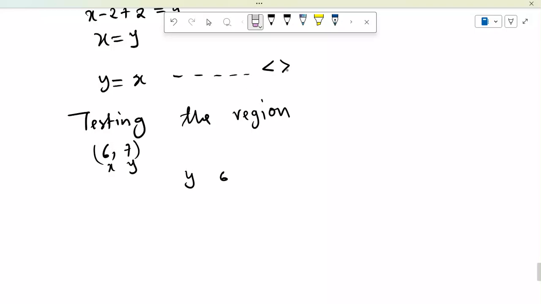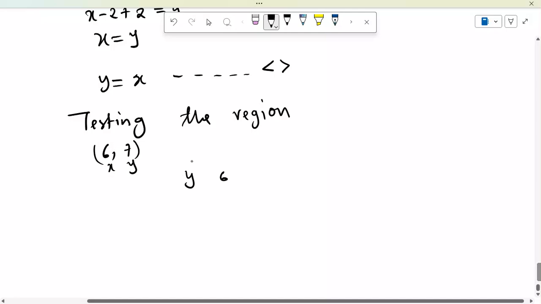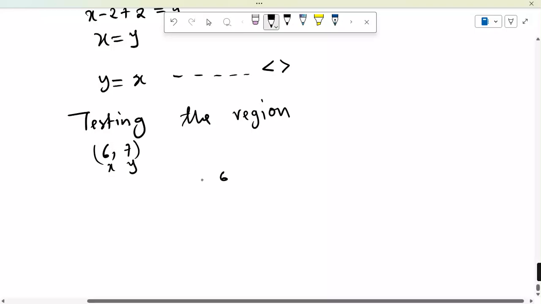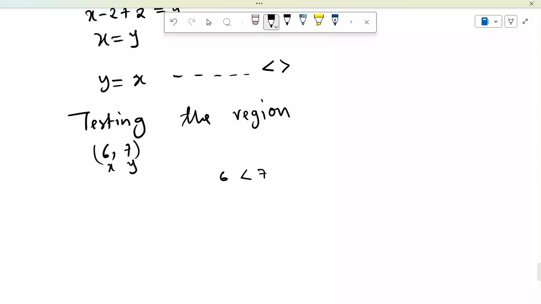So it's either this or this. x is 6, then y is 7. Let's try this symbol. So meaning 6 is less than 7. Is this statement correct?